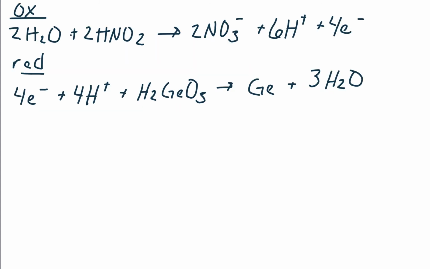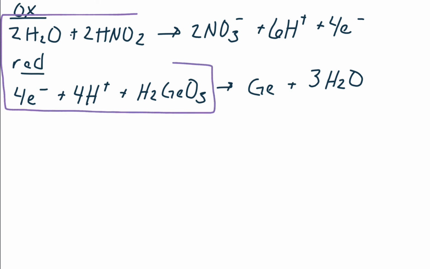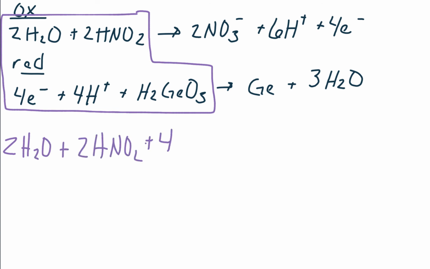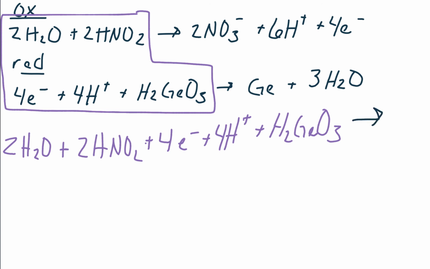So I've rewritten them here. What we're going to do is take everything on the reactant side and combine those together. This is going to react to form everything on the product side.